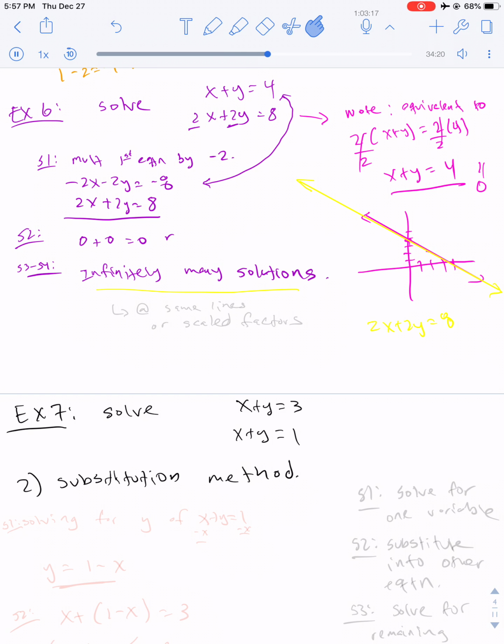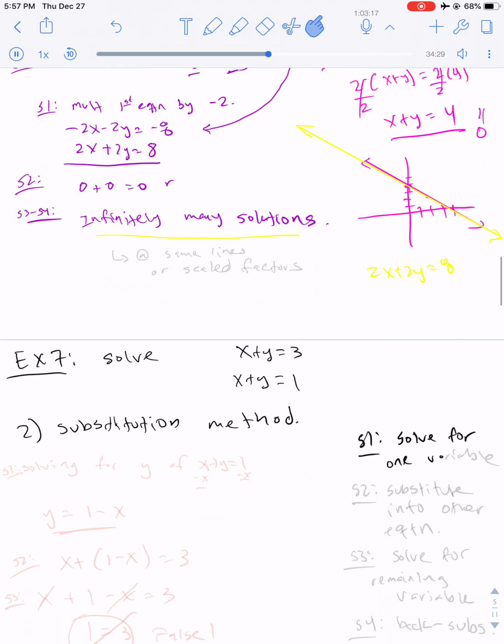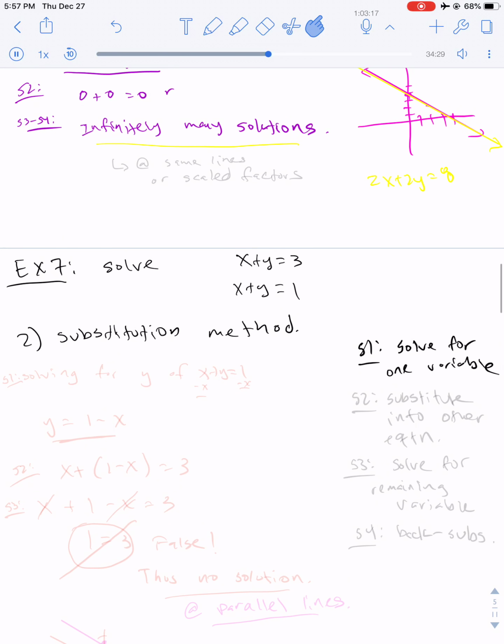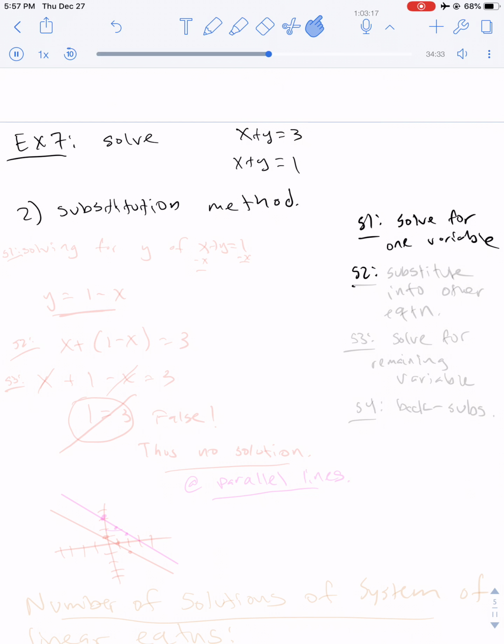Well, that one can be categorized in steps as well. Step 1, solve for one variable. Step 2, substitute into the other equation that you didn't solve for.